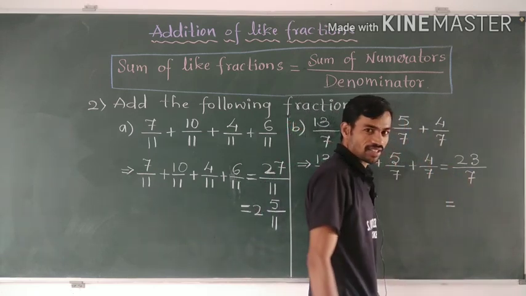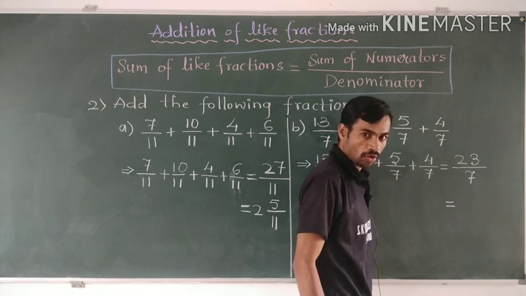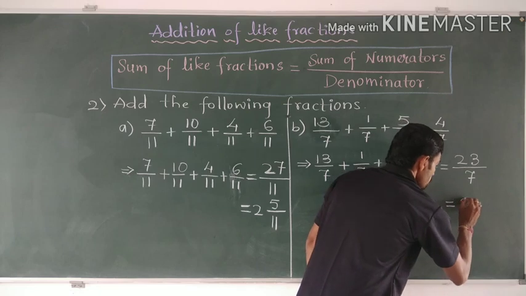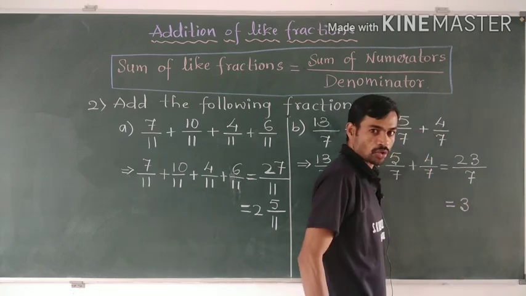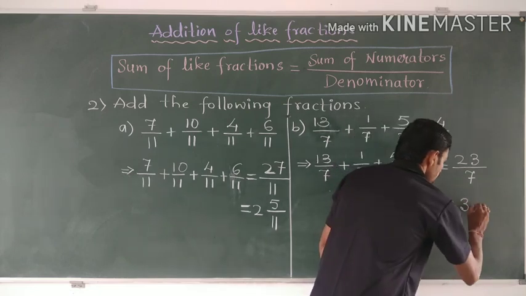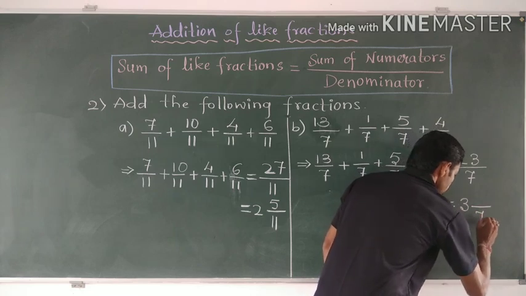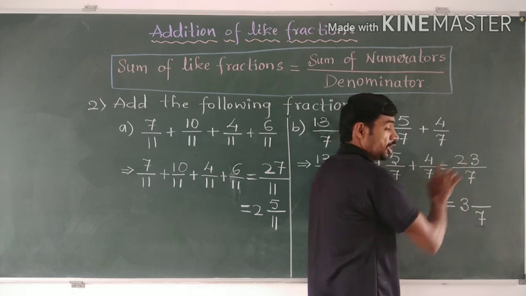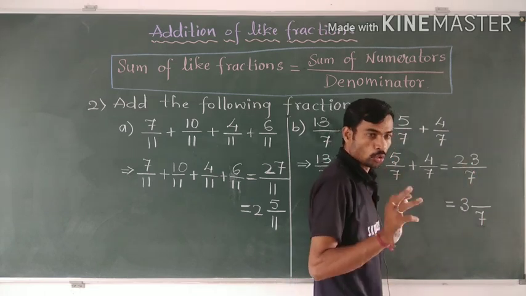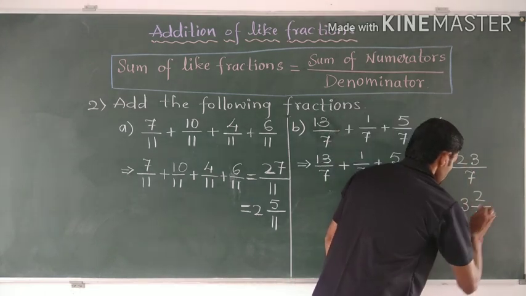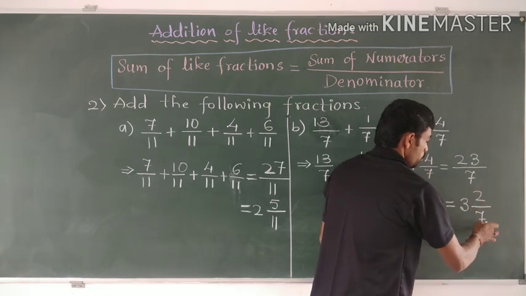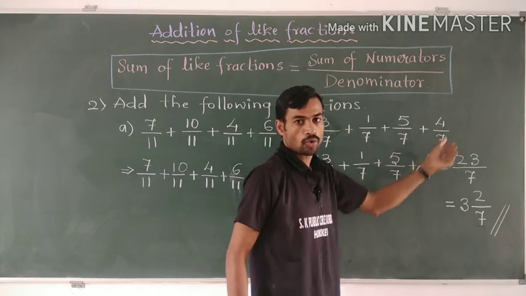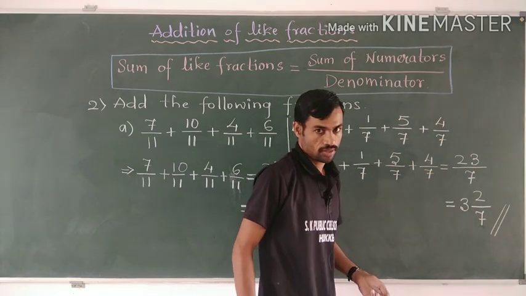So 7 ones are 7. 7 twos are 14. 7 threes are 21. So the quotient is 3. Then the denominator is 7 as it is. And what will be the remainder? 23 minus 21, 2. So that is 3 integer 2 by 7, the sum of these 4 like fractions.